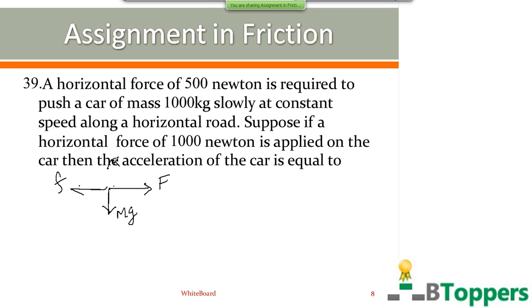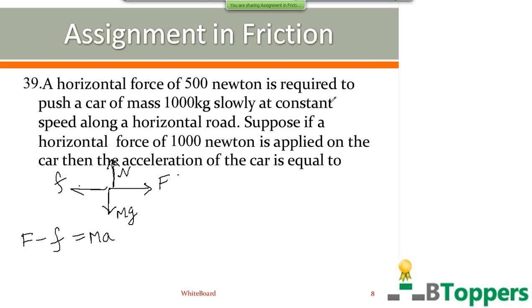The normal reaction force acts vertically upwards. The car has no motion in the vertical direction, so therefore net force in the vertical direction is 0. So magnitude of the resultant force on the car in the horizontal direction can be written as capital F minus small f. From Newton's second law, that you can write as equal to the product of mass and acceleration.